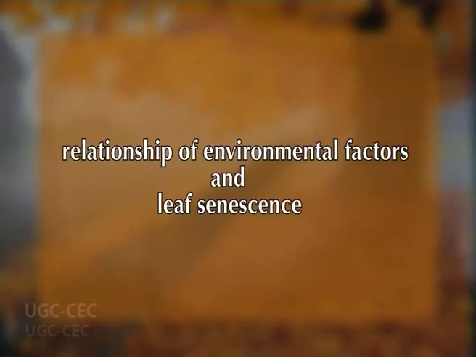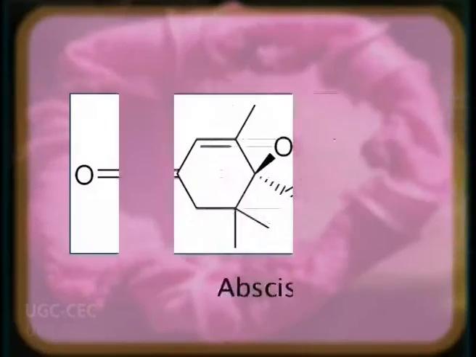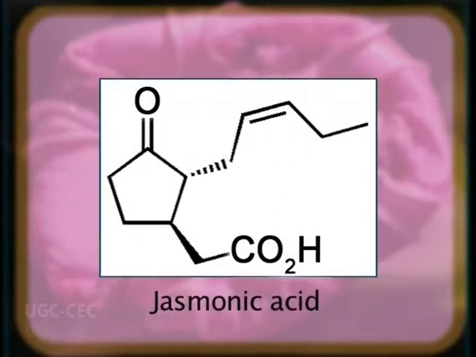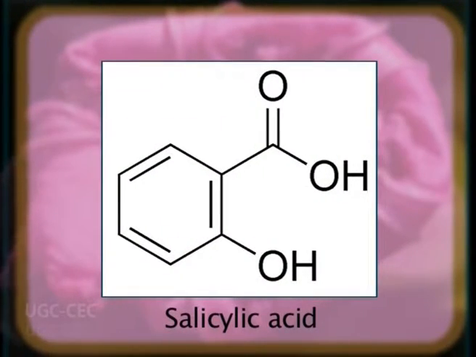Now, we will discuss the relationship of environmental factors and leaf senescence. Our current understanding of the relationship between environmental responses and leaf senescence mostly comes from the study of senescence response to the phytohormones such as abscisic acid, jasmonic acid, ethylene, and salicylic acid that are extensively involved in response to various abiotic and biotic stresses.